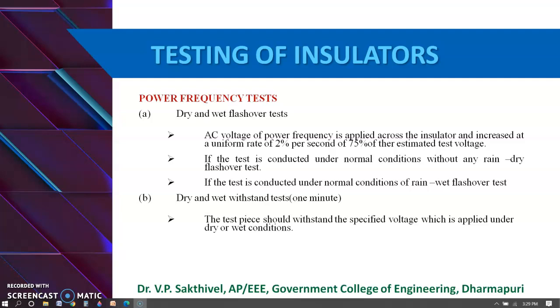In the wet test, the test object is subjected to a spray of water of a given conductivity by means of nozzles. The spray is arranged such that water drops fall on the insulator at approximately an inclination of 45 degrees to the vertical, and the test object is sprayed for at least 1 minute before the voltage application.